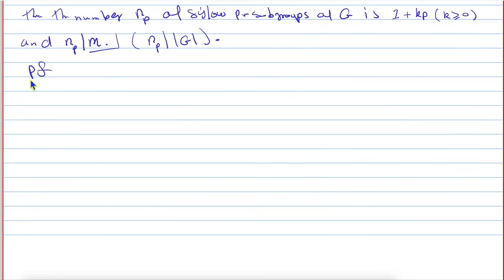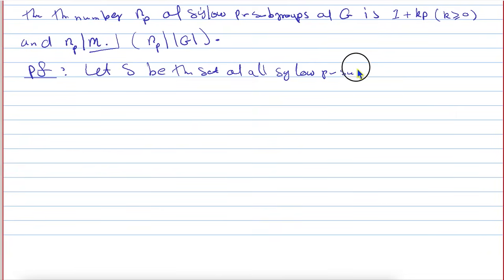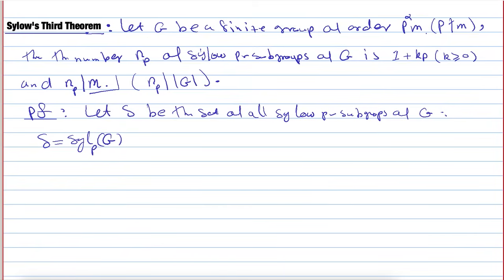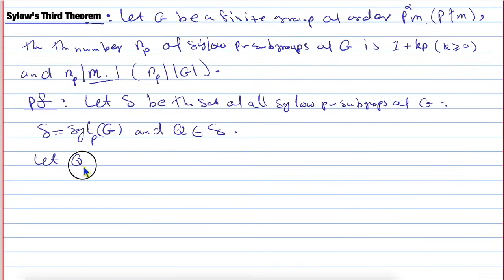So proof, okay, we will define this time the set S. So let S be the set of all Sylow p subgroups of G, and this means that S equals the set Syl_p of G. Okay, and let's take just any particular subgroup in S. So say Q is in S. Now we apply a group action of Q on S, and this time by conjugation. So let Q act on S by conjugation.